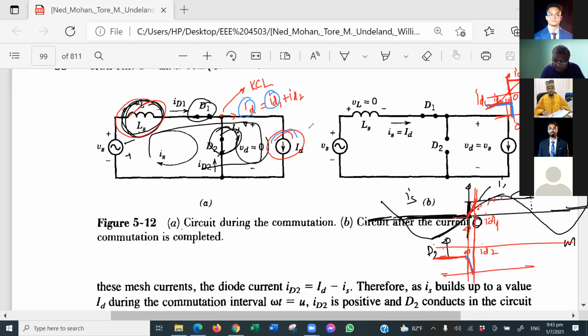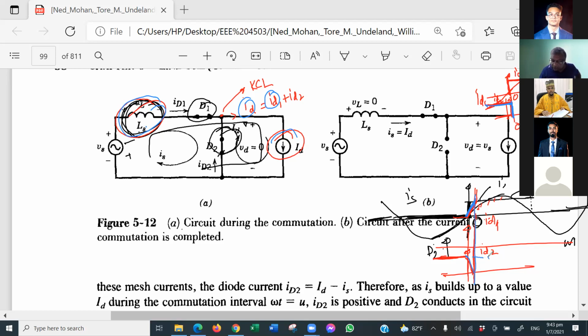That means because of this LS, the current was 0 before omega t equal to 0, but at omega t equal to 0 plus, you have already got the positive voltage, and the current will not build up immediately; it will take some time. This delay is known as the commutation delay.